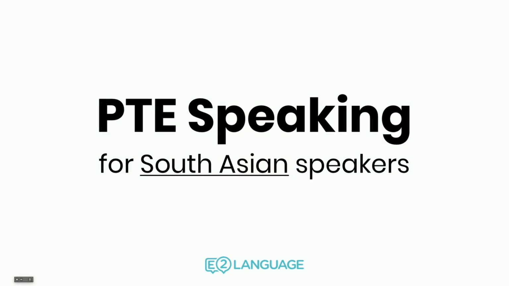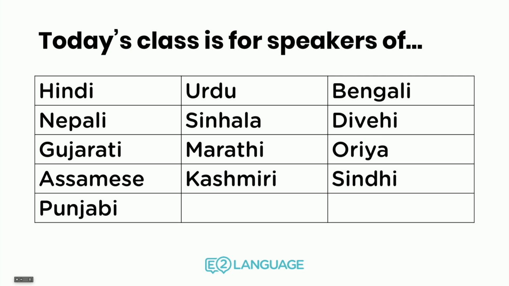What we're going to do in this live class is look at PTE speaking and PTE pronunciation for South Asian speakers. These languages include Hindi, Urdu, Bengali, Nepali, Sinhala, Divehi, Gujarati, Marathi, Oriya, Assamese, Kashmiri, Sindhi, and Punjabi. So if you speak any of these languages, this class is going to be helpful for you.